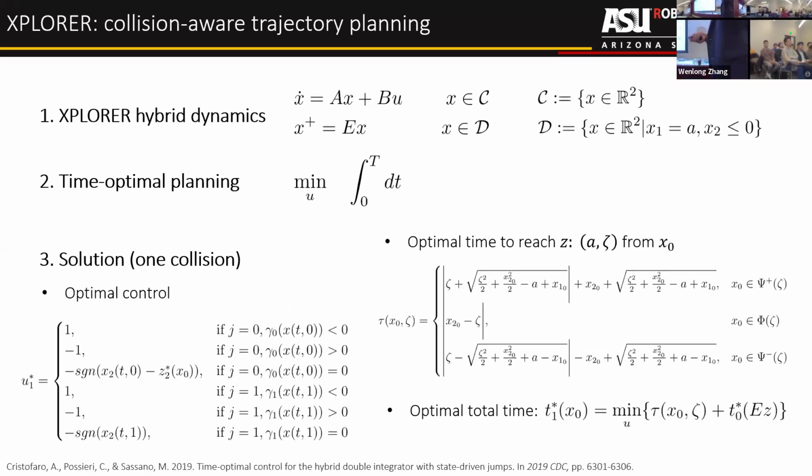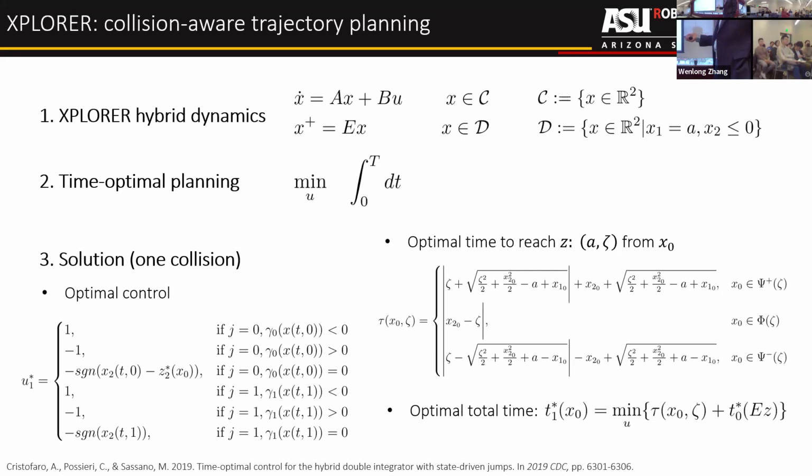Okay, so similarly, and I cited a paper here, we built a lot of our work on top of that. You can do planning when you know there is going to be one collision. As you can tell from the final result of optimal time, the total time for the drone to fly from A to B is a summation of two things.